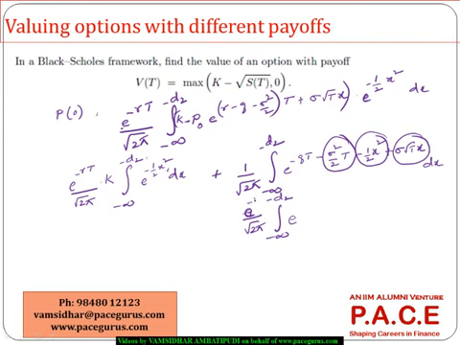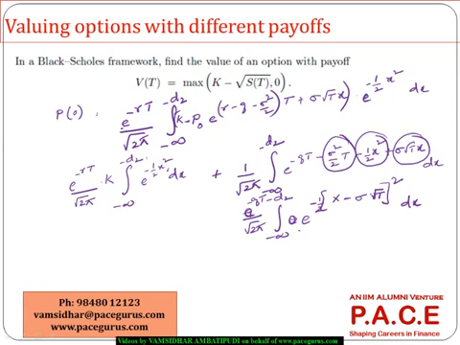Otherwise, it is becoming e to the power of x. If I take even half out, it is becoming x minus sigma root t whole square dx.